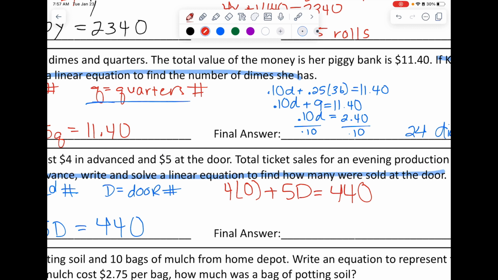So maybe your safer bet would be to use X and Y if you think you're going to misread your own handwriting, which, no judgment. Sometimes I do that. 4 times 0 is 0. I'm not going to write that down. 5D is equal to 440. Divide by 5. And we get D is equal to 88 tickets.